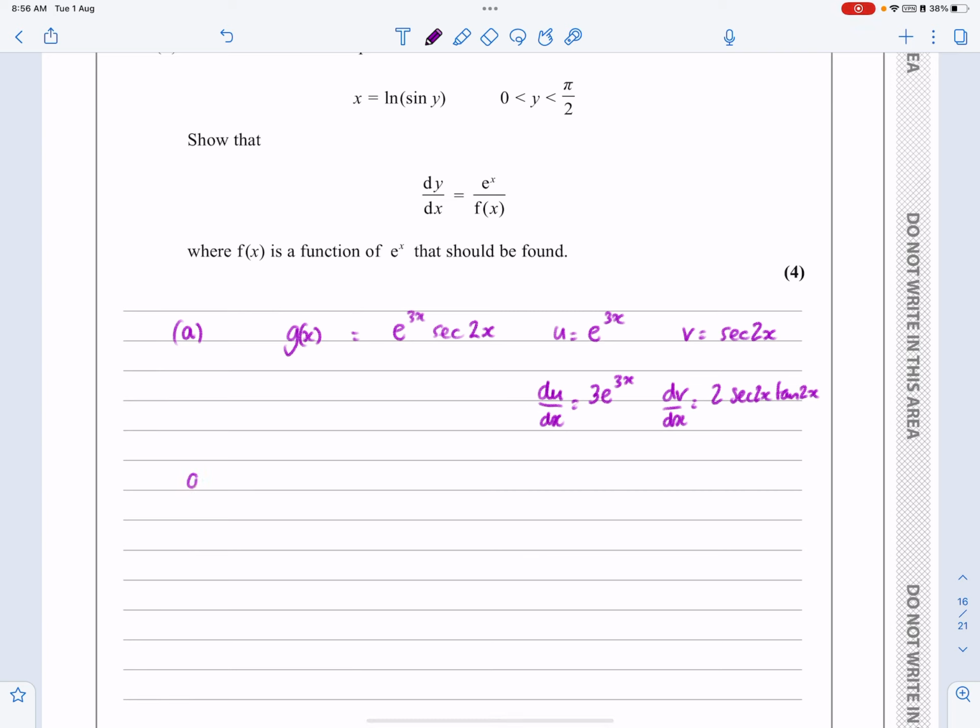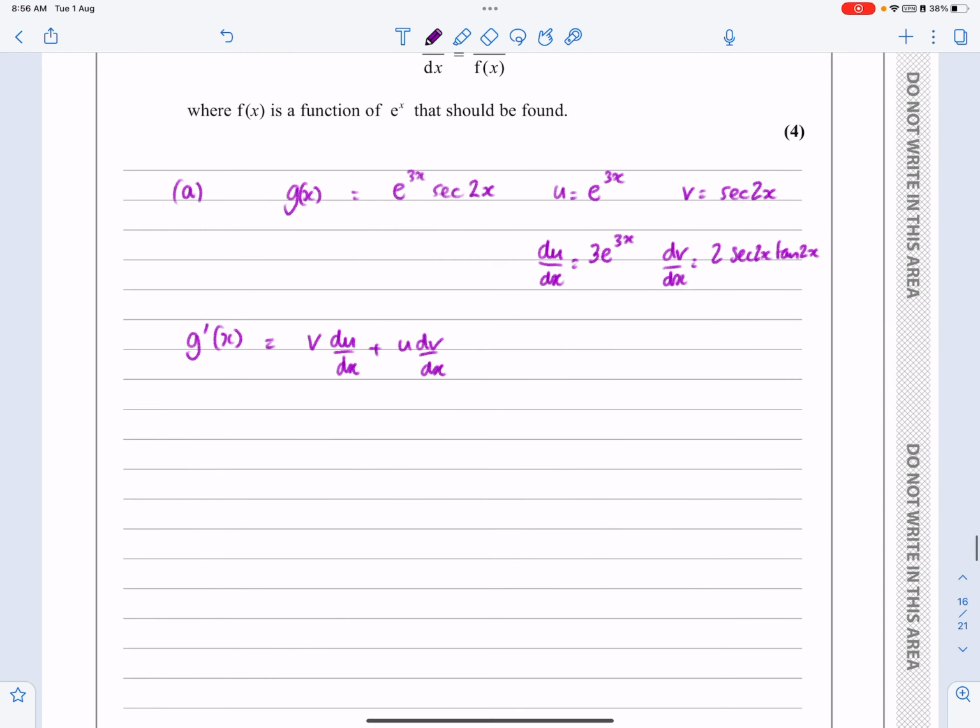But then g dash x, the way that I write my products is v du by dx plus u dv by dx. So working that out is just a matter of substituting it in. v du by dx is those two, and looking at them, I'm not going to write sec 2x 3e to the 3x. That's not a very good way of writing it.